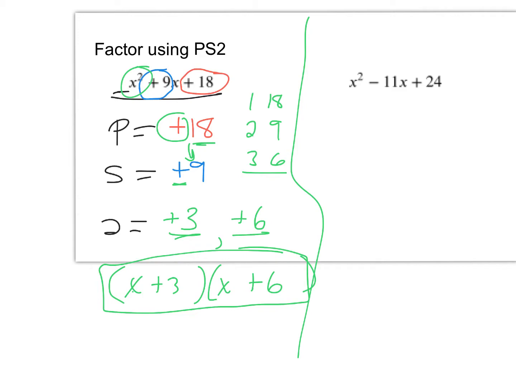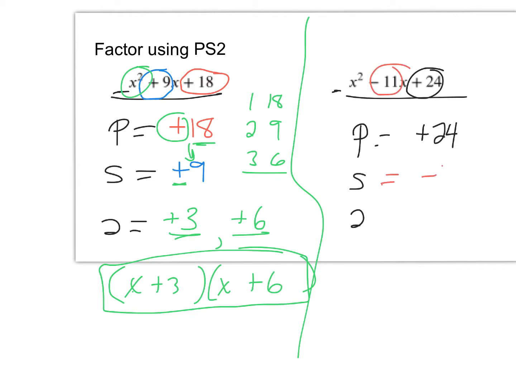All right, now we got to be careful with this next one, folks. I've got 3 pieces. No leader in front of the square. So it is a PS2. So we're going to have my product, positive 24. We're going to have the sum as negative 11.